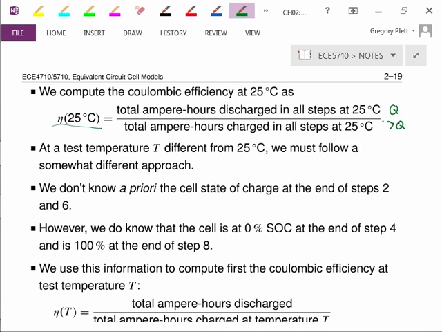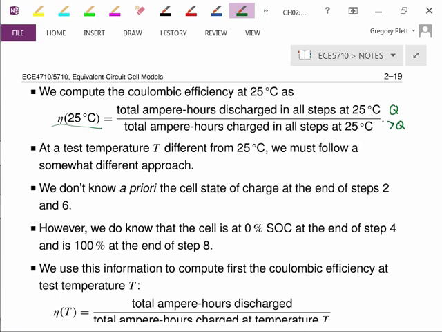If we have a test temperature that is different from 25 degrees, we must follow a somewhat different approach. We don't know beforehand the cell state of charge at the end of step 2 and at the end of step 6, but we do know the cell state of charge to be 0% at the end of step 4 and to be 100% at the end of step 8.